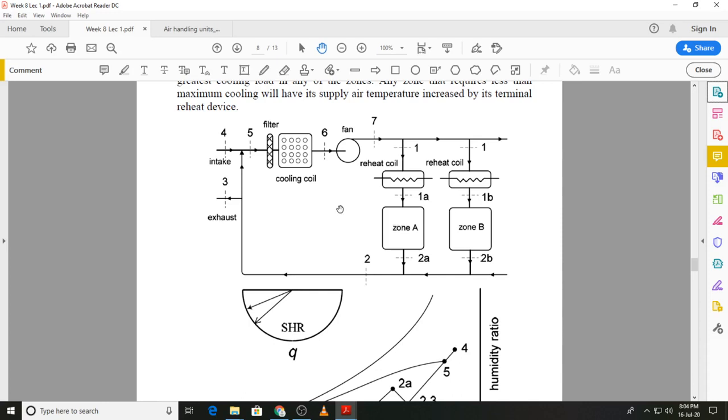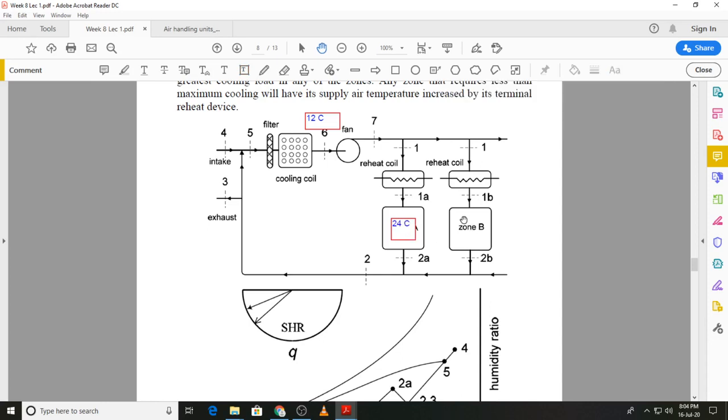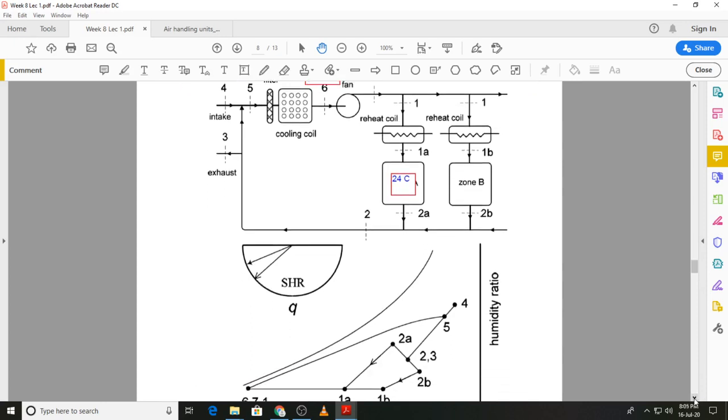According to the zone requirement. Now let's say at state 6, after the cooling coil, we have the air coming in at 12 degrees C, and we need to supply the air to zone A, which we are keeping at let's say 24 degrees C, whereas zone B is going to be maintained at a higher temperature.